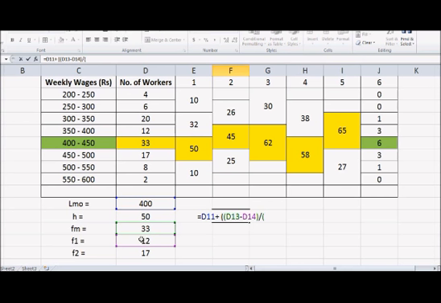Now when we add them, we have seen that we will have 2 times frequency of the model class minus before and after, and the whole thing needs to be multiplied by h, which is 50.